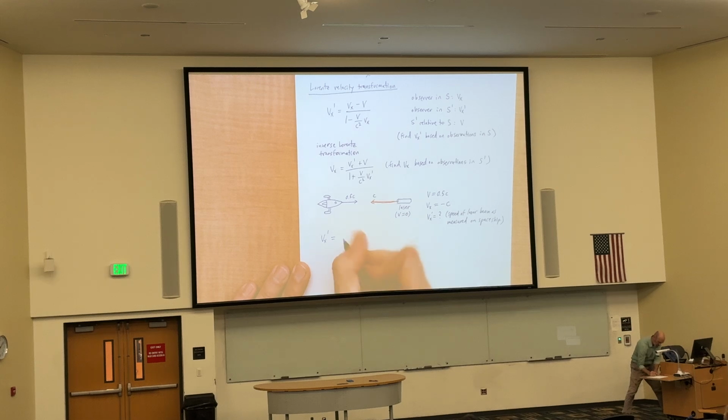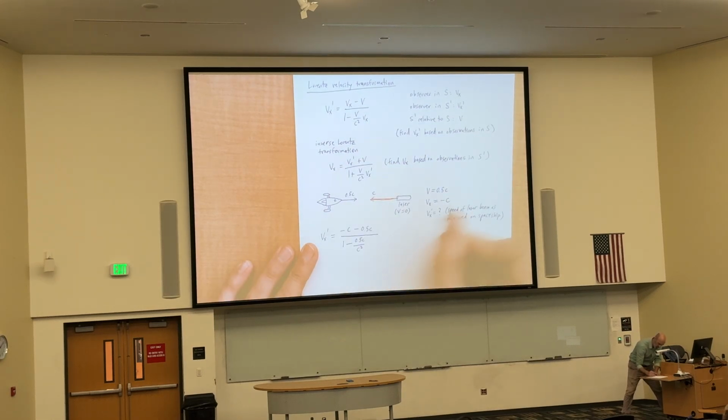So that's minus c. Minus v, which is 0.5 c, divided by 1 minus v, which is again 0.5 c, divided by c squared, and then multiplied by Vx, which we said again is minus c.